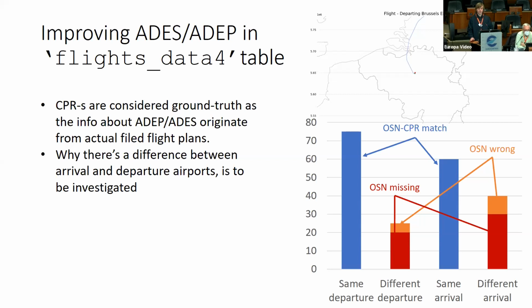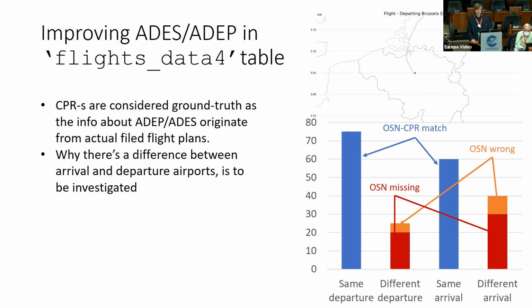Yeah, and on the right-hand side on the bar plot, you see the results here. So for departure airports, in the OpenSky network's data table, about 75% has correctly been estimated as the departure airfield. So it's pretty good, I would say.